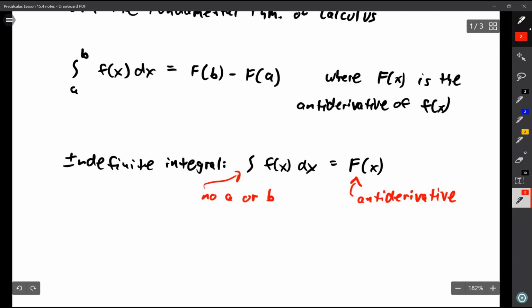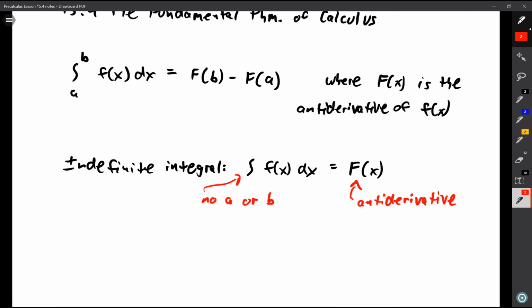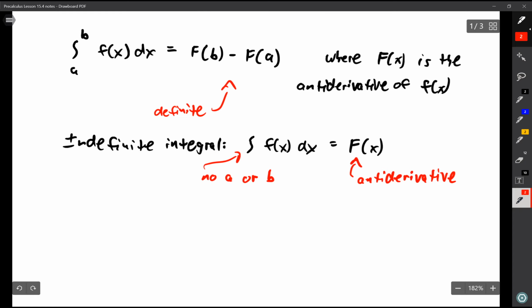In other words, when we're not given a starting and an ending x value, we're not finding an actual numeric answer for what the area under the curve is. We are instead finding the formula that would allow us to easily solve for the area under the curve. And the formula is the antiderivative. Okay? And what we have up here would be solving for the definite integral. So indefinite is just the formula, the antiderivative. Definite, you're actually plugging in values and getting an answer.